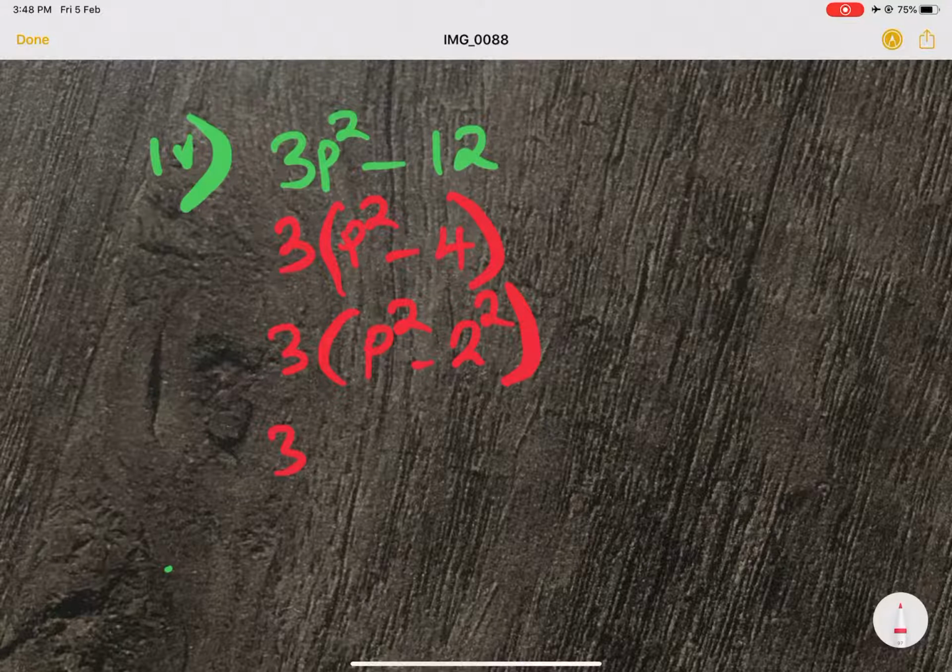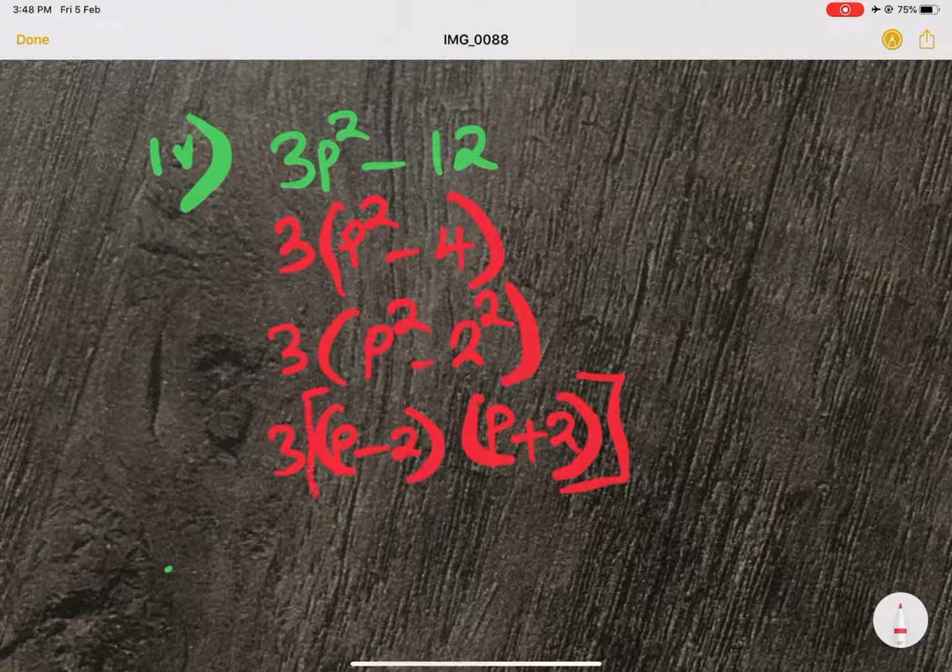Then we have 3. Here we can factorize using difference of 2 squares, okay? So we have p minus 2 and p plus 2, okay, like that. So that's our answer. It means you have factorized using difference of 2 squares.